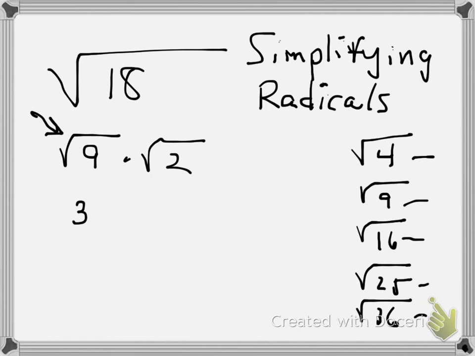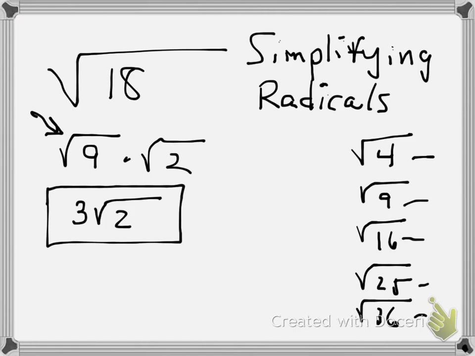Do I have any perfect square factors, other than 1 obviously, that are a factor of 2? There are none, so that radical 2 remains. Therefore, my answer is 3 radical 2, which could also be referred to as 3 times radical 2. So radical 18, rather than punching it in a calculator, we're going to see as 3 radical 2.